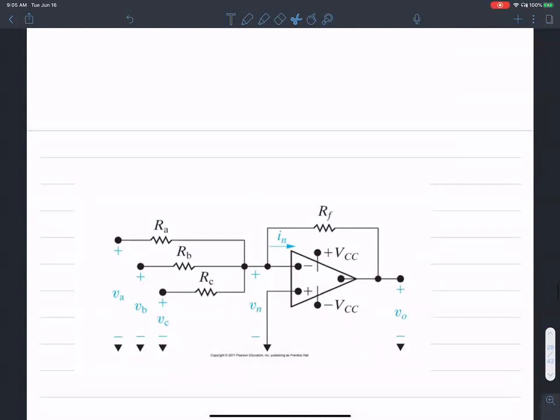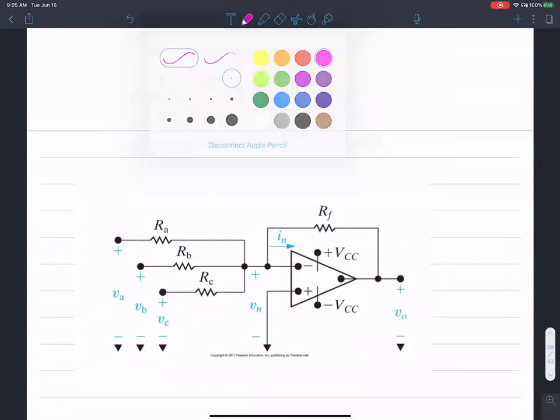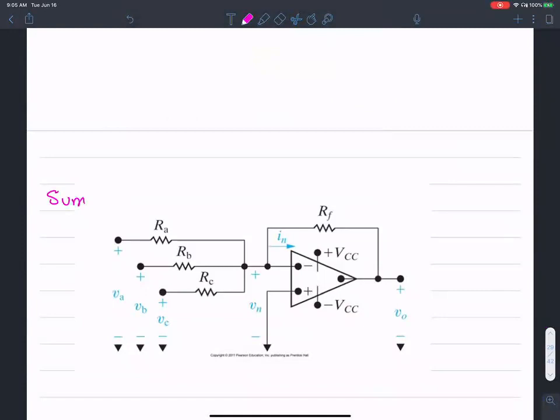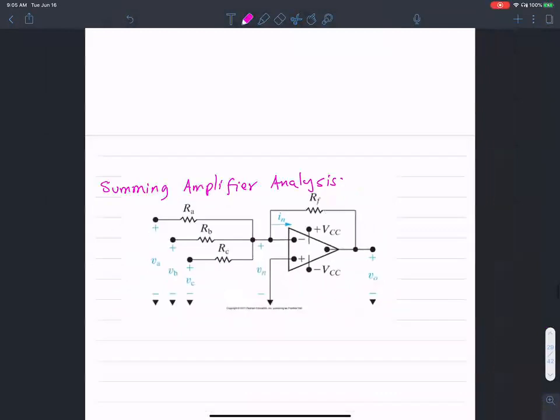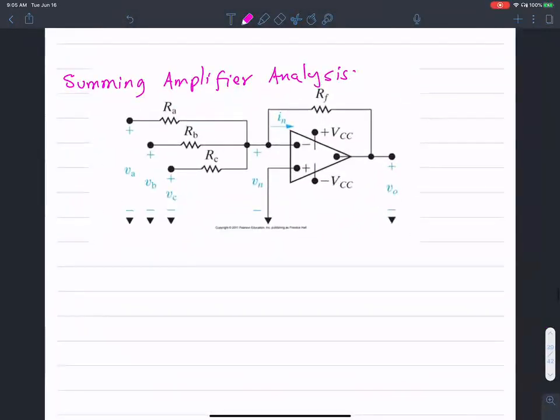Let's do the analysis for the summing amplifier. So we are going to retrace the steps that we have learned so far. Step number 1 is to notice that V positive, the voltage at the positive terminal, is ground.